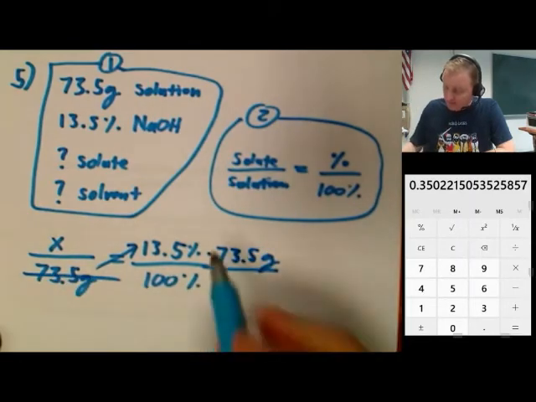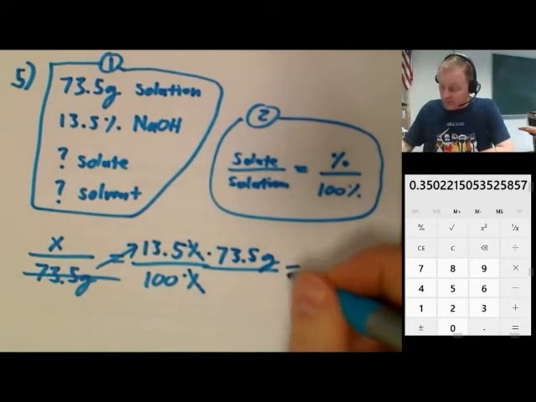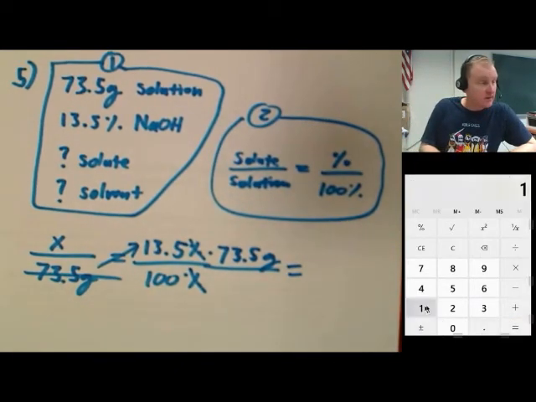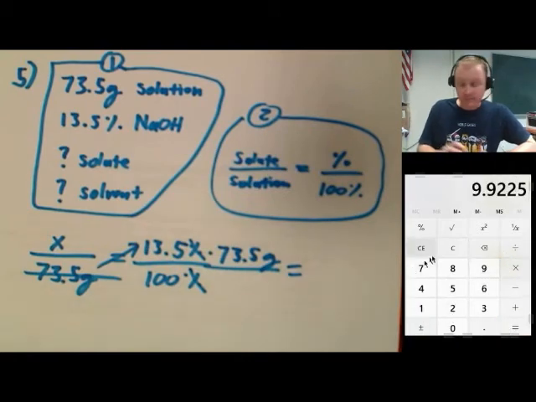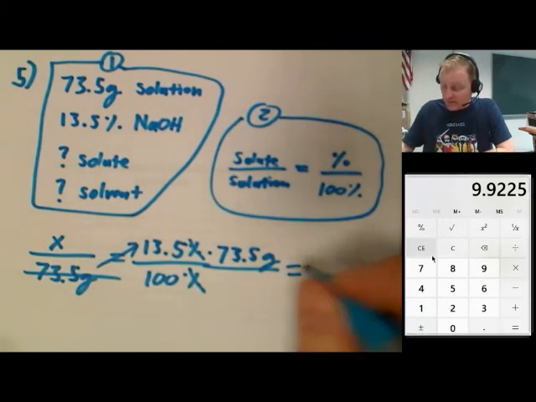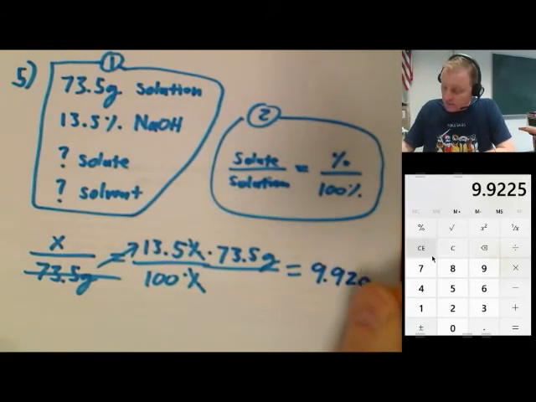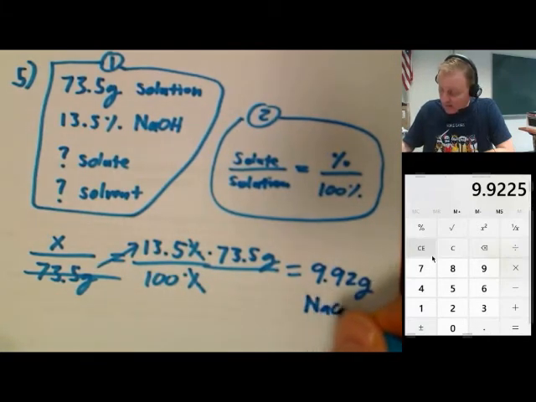Get rid of that. The percentages cancel out with each other. So to solve this here, I would say that that is 13.5 times 73.5 divided by 100. So this is telling me that my X and my solute would be 9.92 grams of my solute of NaOH.